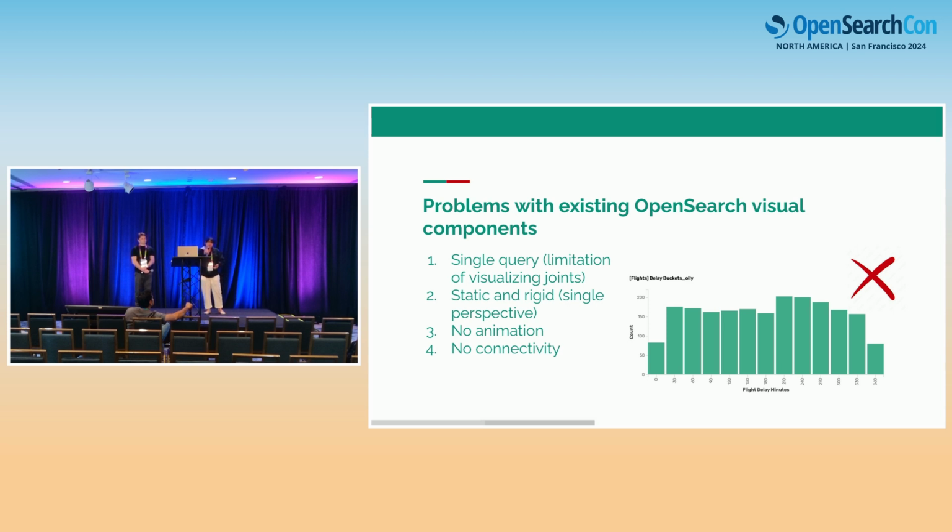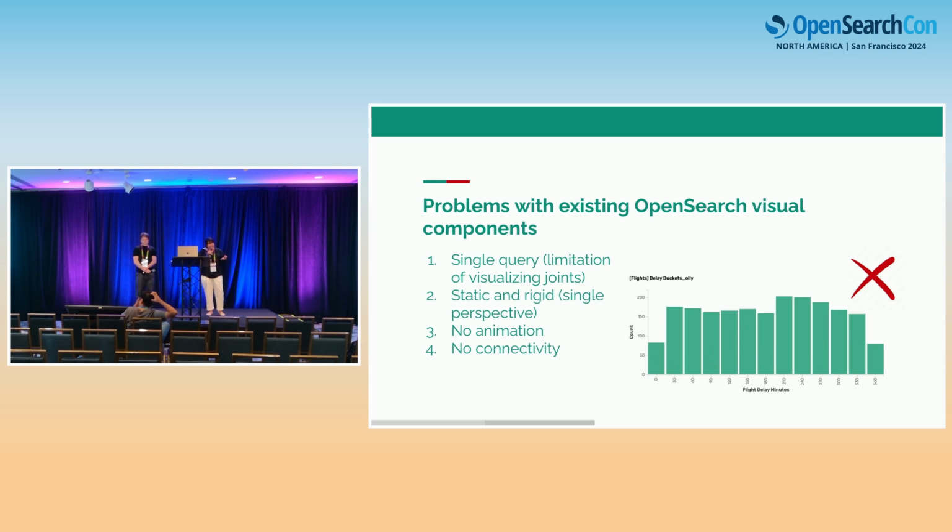So if you think about the problem with existing OpenSearch visual components, firstly, there are limitations in terms of queries that are single query. So visualizing joins based on multiple indices is not possible. The visuals are static and rigid, so it's always a single perspective.